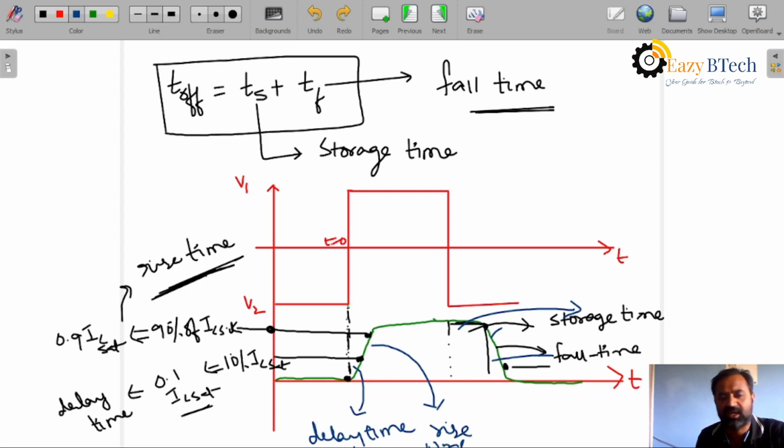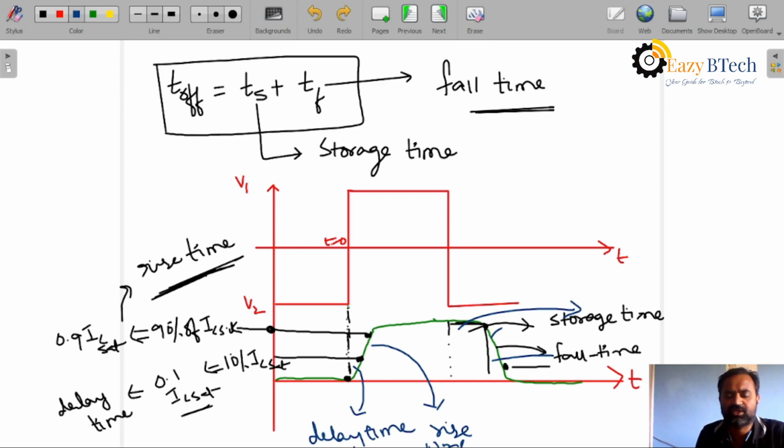And what is a rise time? Rise time is the output current that flows from 10% of IC sat to 90% of IC sat. That time duration is known as a rise time. Off time totally depends upon storage time and the fall time.